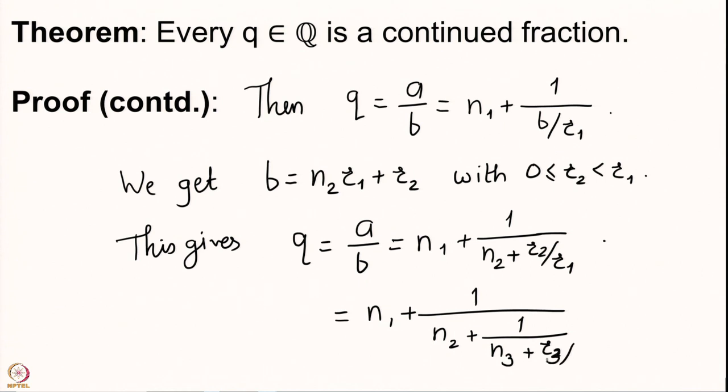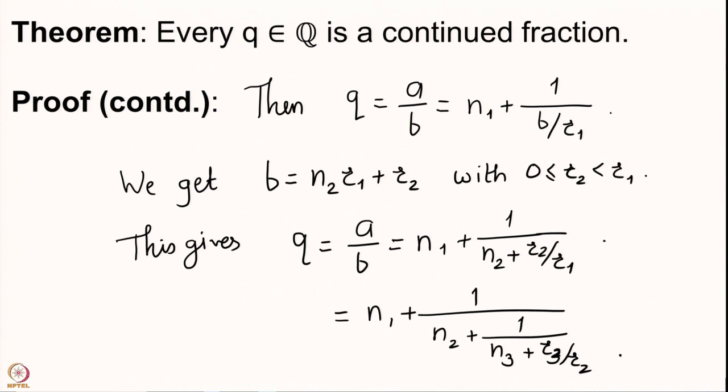And you will get r3 by r2. And notice here that the denominators that you are getting at all these levels, earlier we had b, then we got r1 which is strictly less than b, then we got r2 which is further strictly less than r1 and so on.